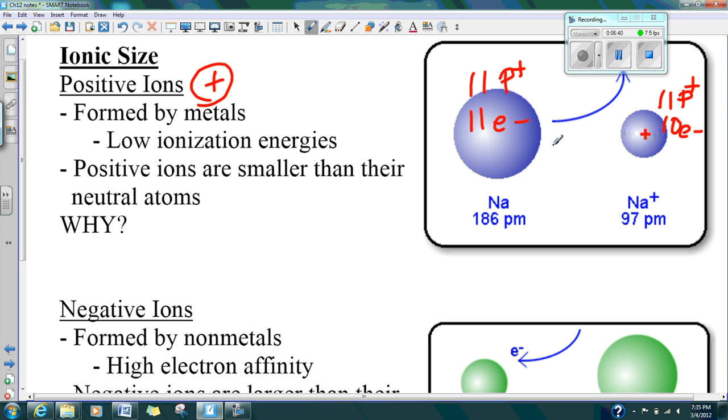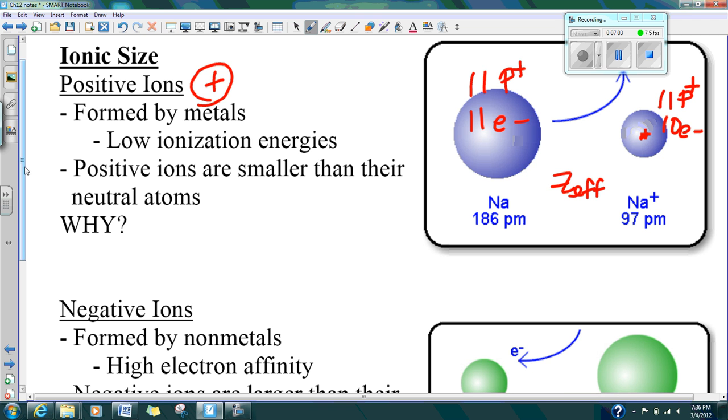So remember that size has to do with that Zeff, that effective nuclear charge. Well, this is really balanced. That Z factor is very, very balanced. Well, over here, I have more protons on the inside with more energy there, able to pull those electrons in. So the effective nuclear charge increases here, and the ion becomes smaller.